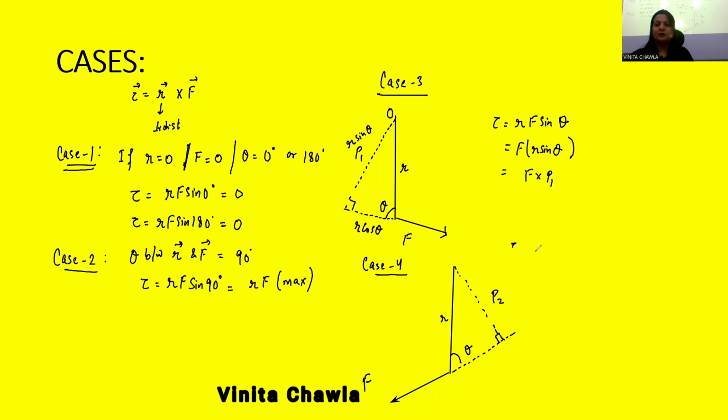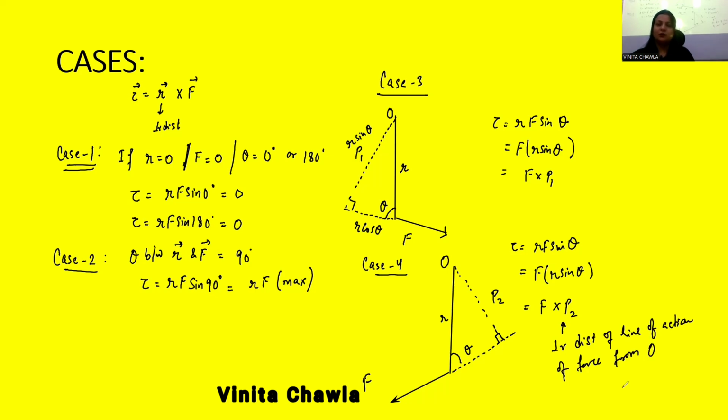Torque is R F sine theta. So we can write this as F into R sine theta. Now R sine theta is P2, so torque is F into P2. Okay, let this point be O. So what is this P2? This P2 is the perpendicular distance of line of action of force from O. It is clockwise.